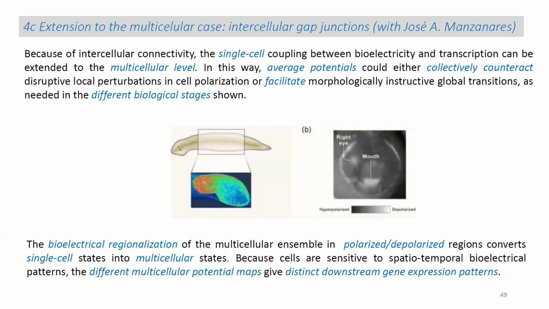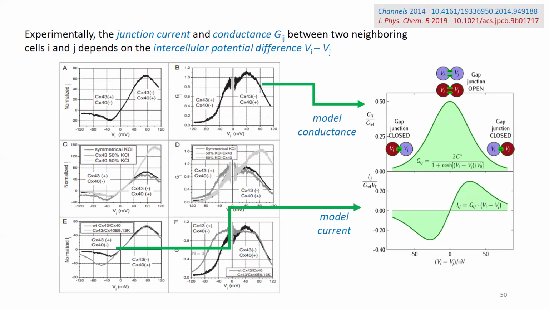To this end, we try to understand better, which means to have a bioelectrical regionalization with sharp boundaries between depolarized and polarized cell states. And this points out the need to consider the potential difference between two neighboring cells. These experimental results immediately suggest that a new key parameter is the intercellular potential difference between two neighboring cells.